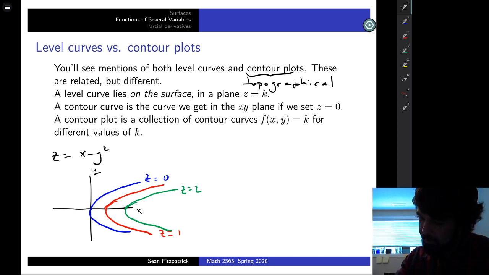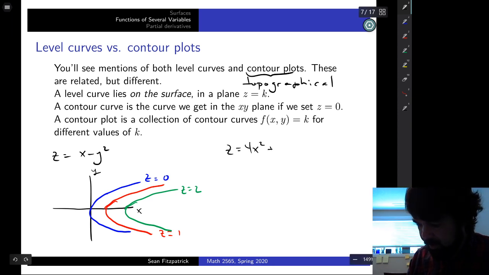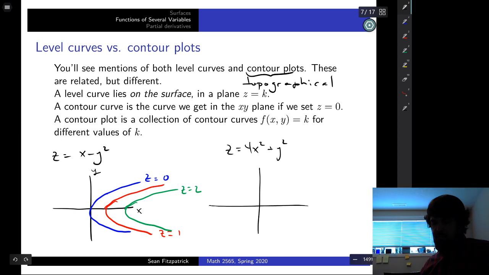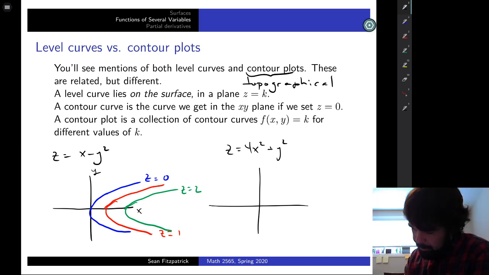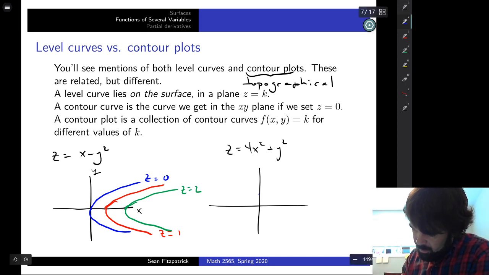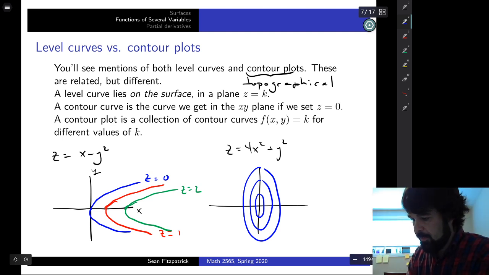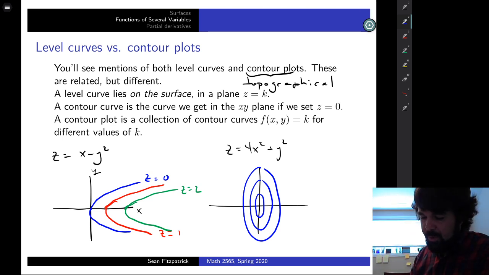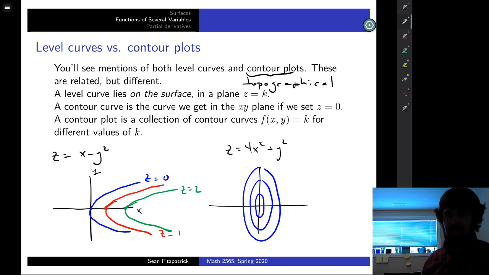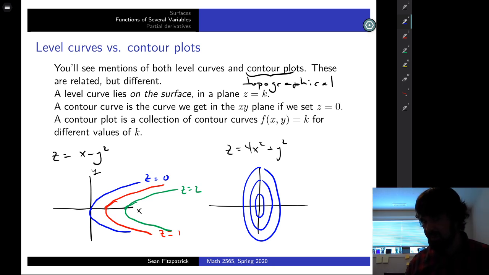If you're doing say z equal to 4x squared plus y squared, and you try to plot that one, then for each constant value of z, you're getting an ellipse. So you're going to get something that looks like that. Right, so you can draw those curves in the plane. If you do the contour plot for that sine x cos y one, that's kind of a fun one to graph as well. I'm going to leave it to the computer.